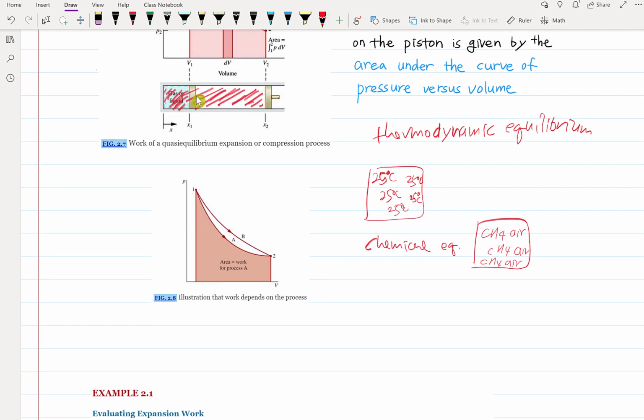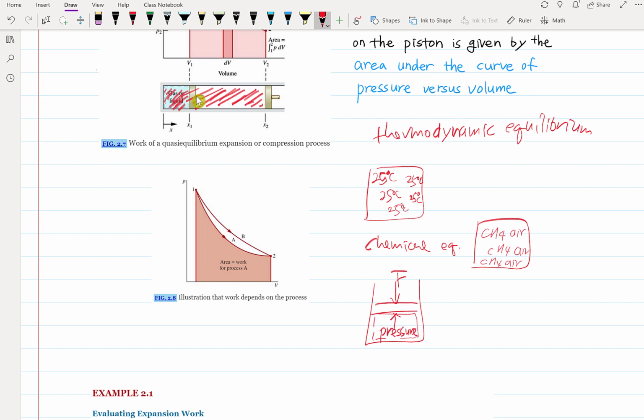Mechanical equilibrium indicates there is no pressure change in the system. So in a piston cylinder system, let's say there's a force pushing the piston, and it has a gas inside, and the gas also has pressure, so it also pushes the piston upward.